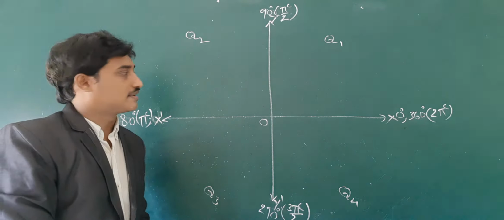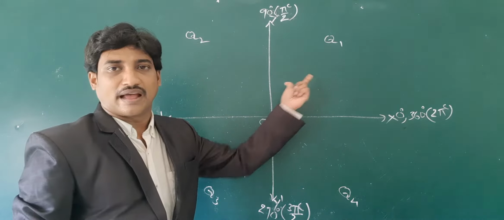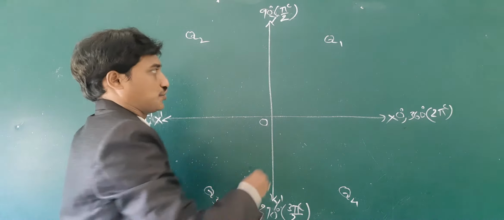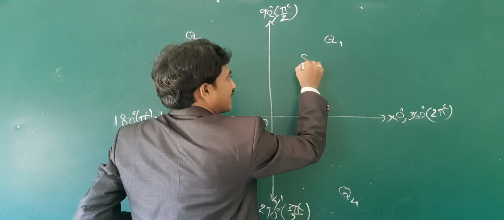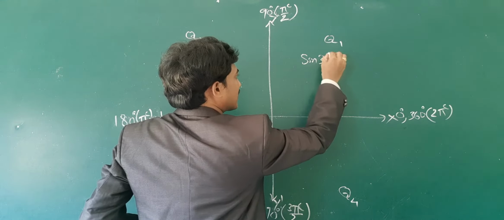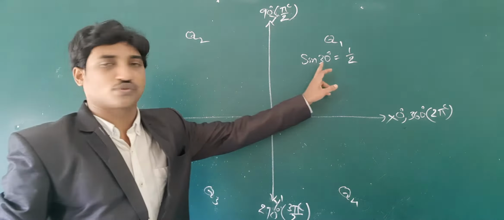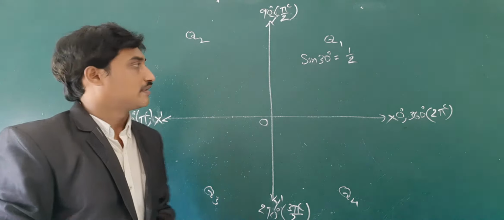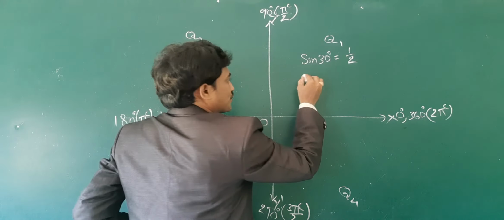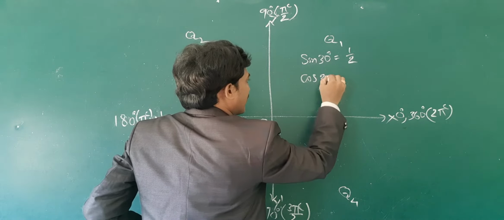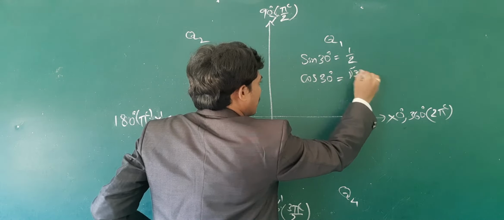I am taking some angles and their ratios. Here sin 30 degree. We know sin 30 degree is 1 by 2; 30 is a first quadrant angle. Cos 30 degree is root 3 by 2.